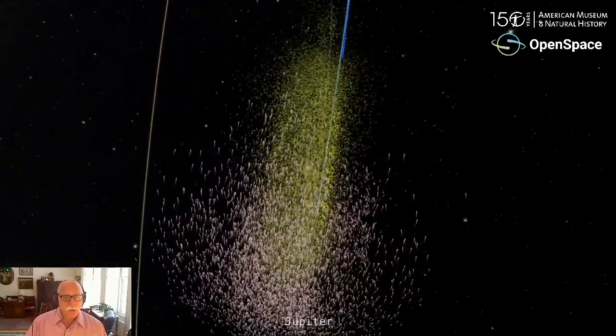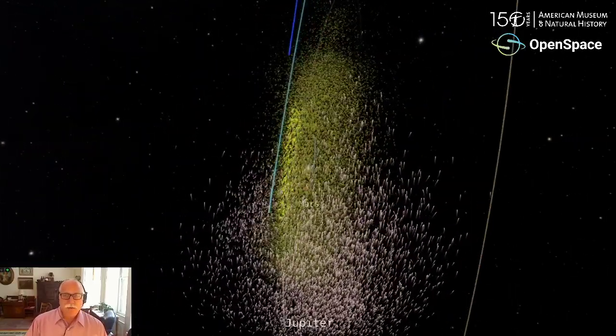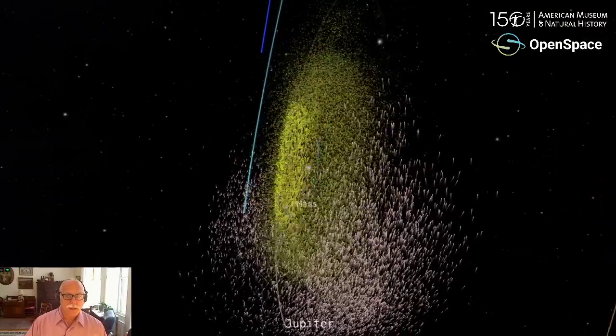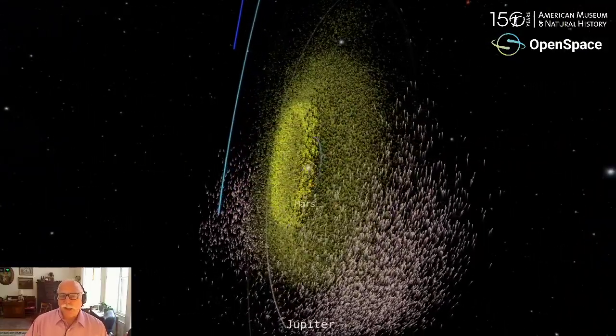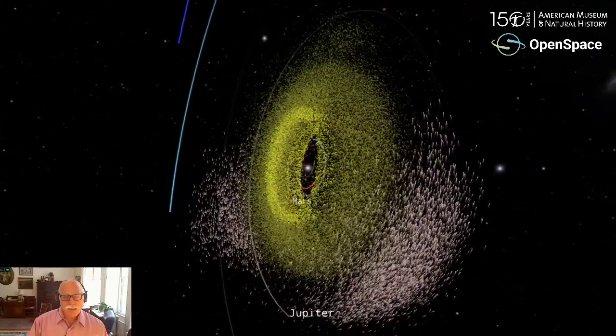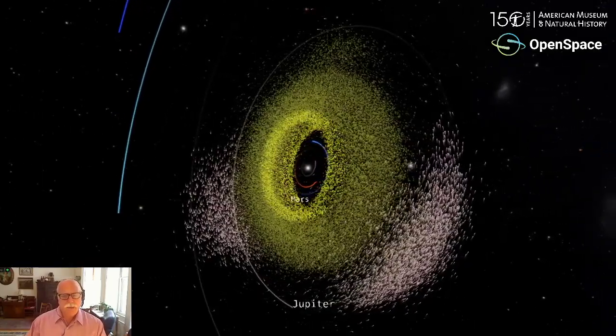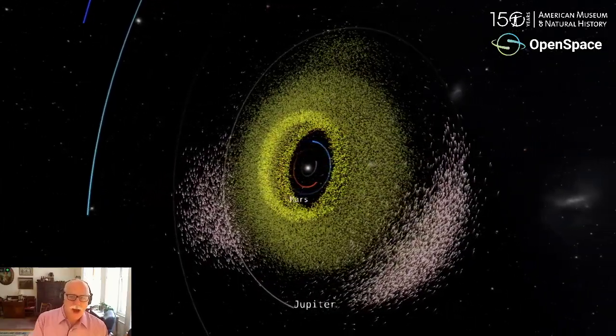Now, what Marina has done here is turn on another class of asteroids that orbit in the orbit of Jupiter. These are called the Trojan asteroids, after the Trojan War of Greek mythology. One of the interesting things about the Trojan asteroids is they orbit around the sun with Jupiter, but they're 60 degrees ahead of Jupiter itself and 60 degrees behind.